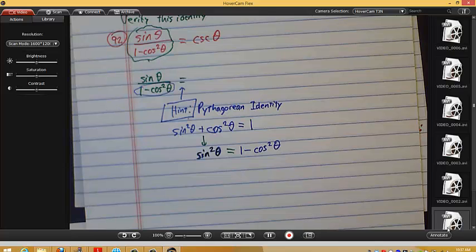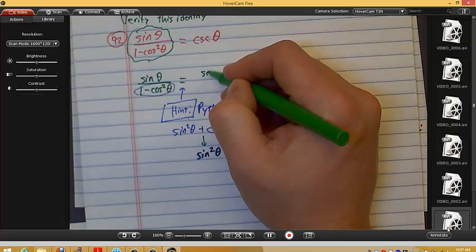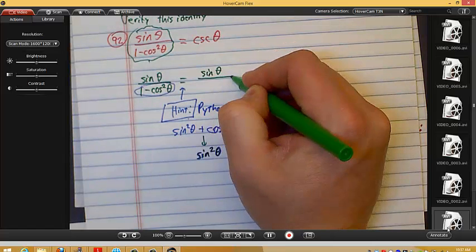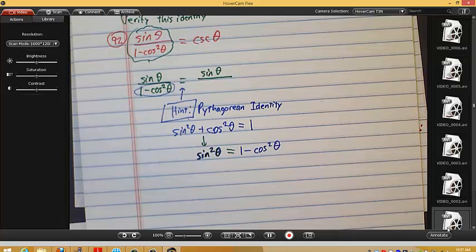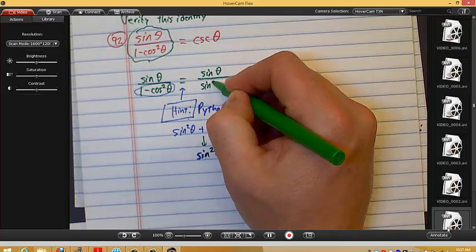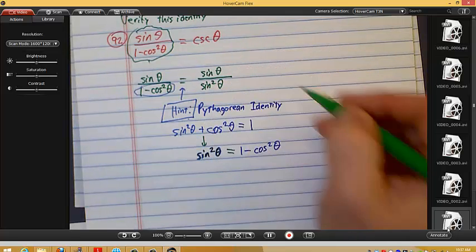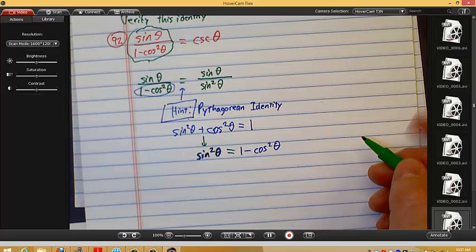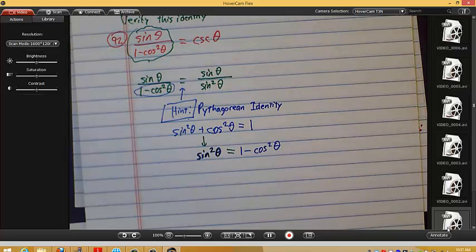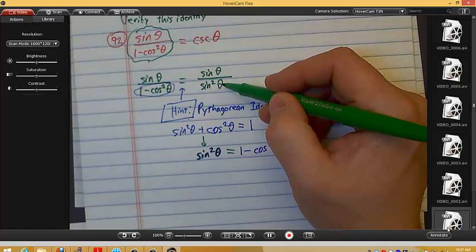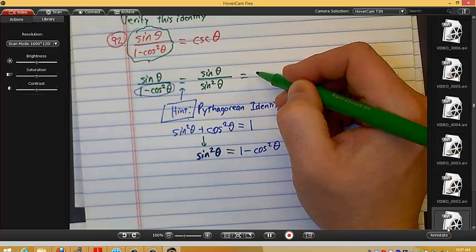So anyways, here I go. I now write sine of theta in the numerator, and what am I going to write in the denominator? Sine squared theta. Did that help? Why? What can you do now? You can reduce it. Now, is that true? Sure. Because if you have x over x squared, you can cancel x's. So if you have sine over sine squared, you can cancel a sine of theta.